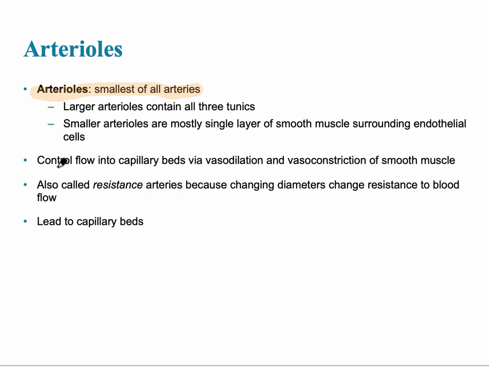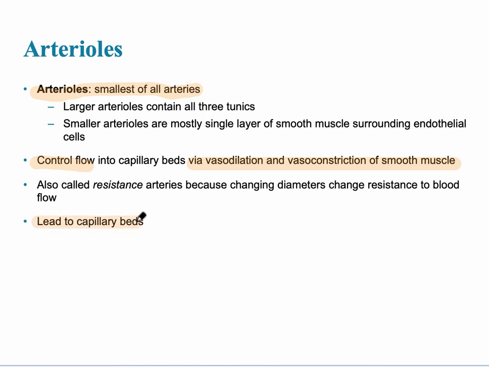The reason that it's important is because it controls the flow of blood into the capillary beds via vasodilation and vasoconstriction. And this happens because of what are called precapillary sphincters. So sphincters that are leading into the capillary beds.